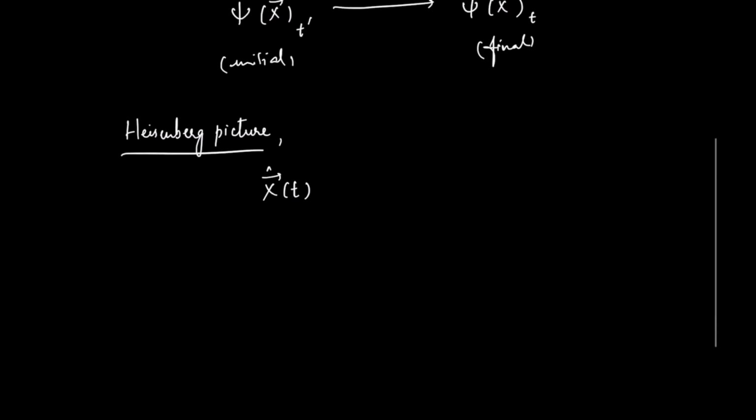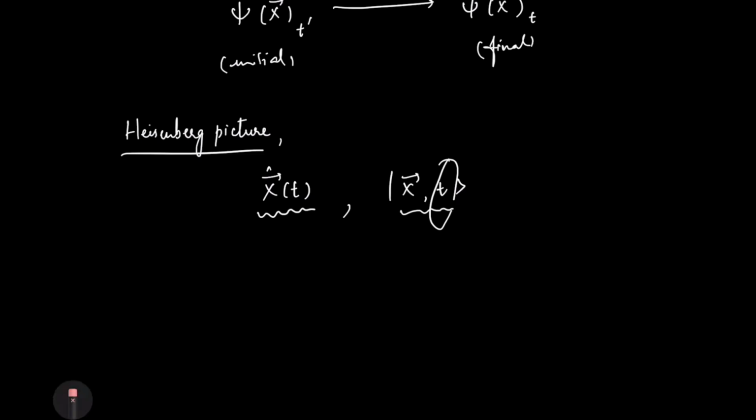You cannot just write |x>, I have to write |x, t>. Here |x, t> does not mean that the state will evolve with time. No, that's not the meaning. The meaning is that we have an operator x which evolves in time, and the corresponding state also needs a time labeling. That is what I mean by x comma t.